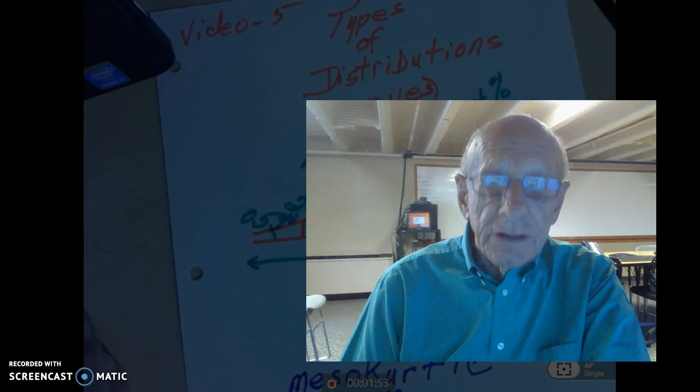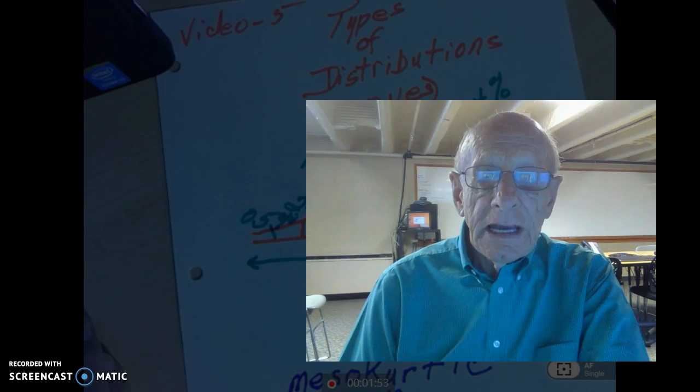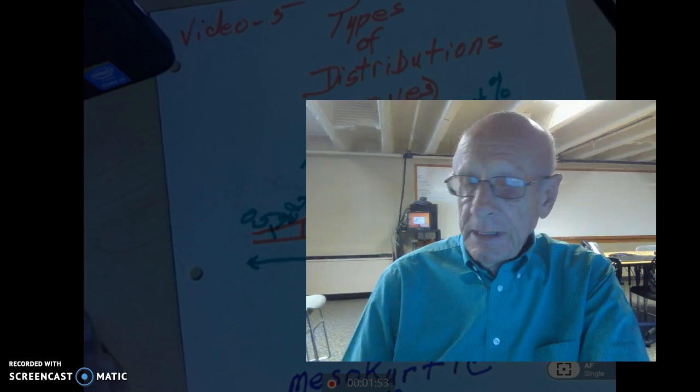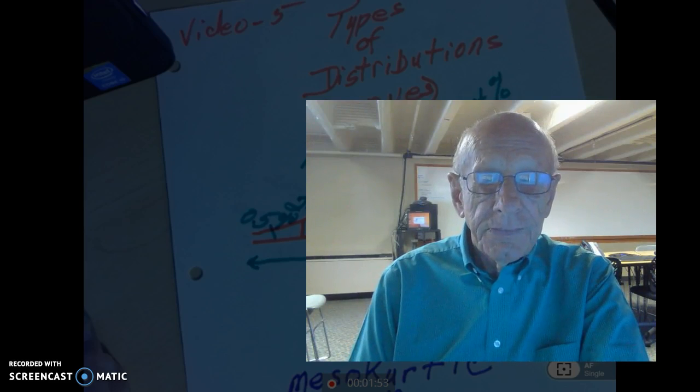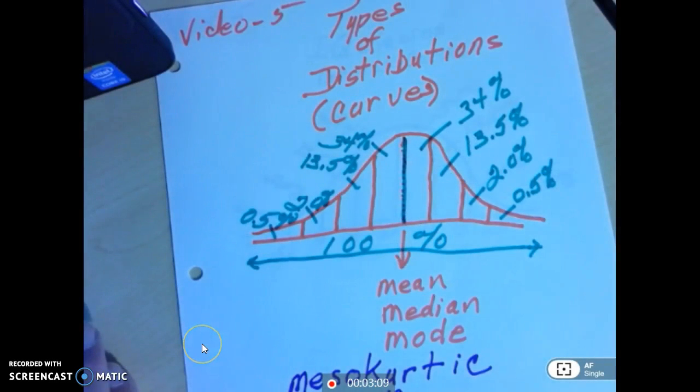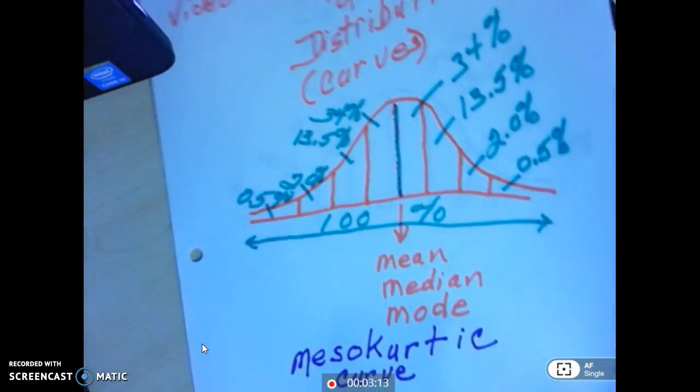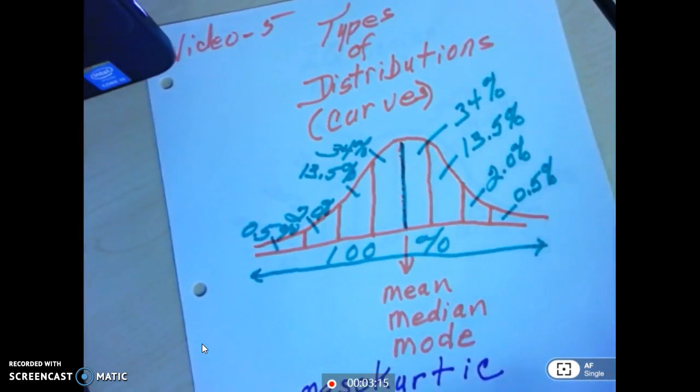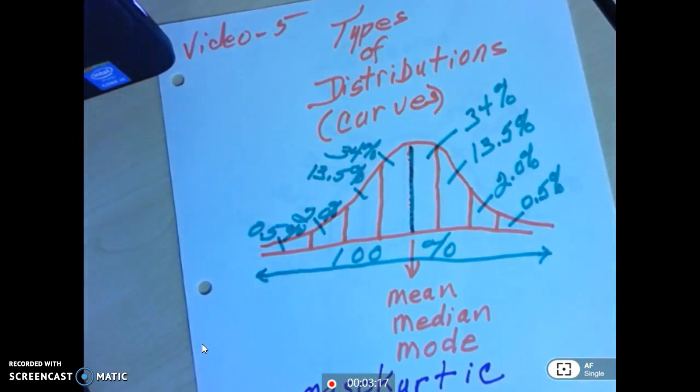Today what we're going to be talking about is the different types of distributions, or curves, that we have in statistics. To start with, we are looking at what I call a mesokurtic curve. That's the same thing as a normal curve, and I just want to visit with you about the percentages of it.